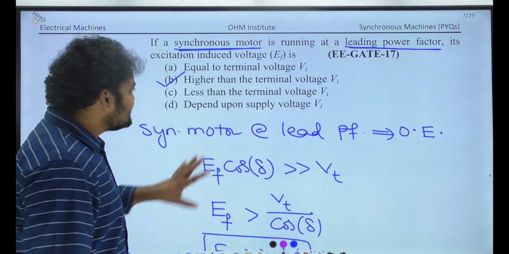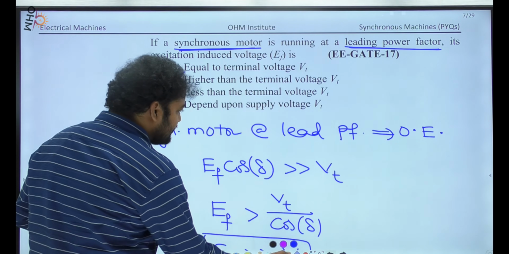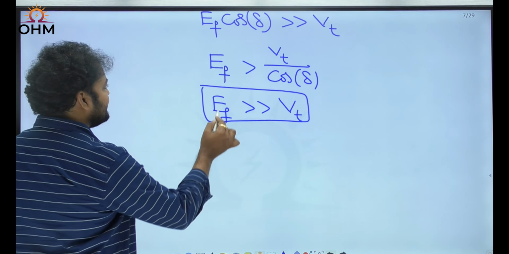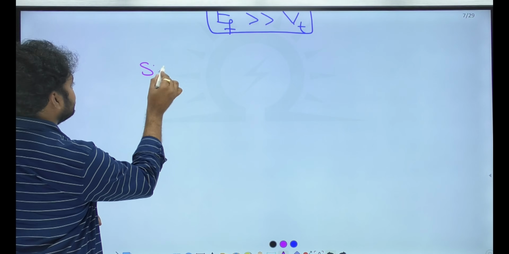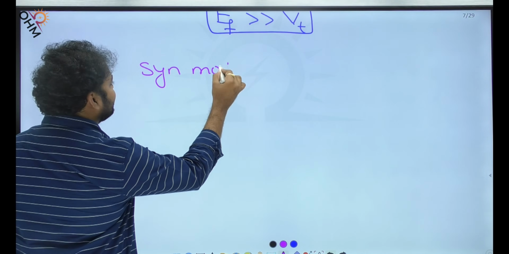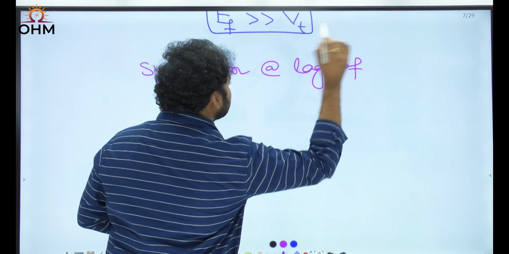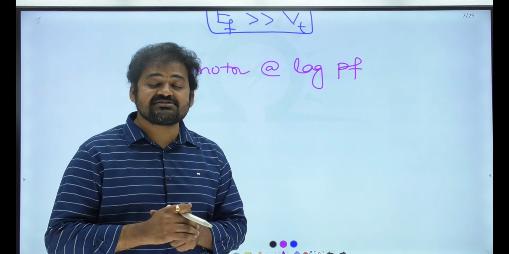Easy question. Suppose I modify this question slightly: what happens if a synchronous motor is at lagging power factor? Lagging power factor of a motoring machine means what is the excitation?